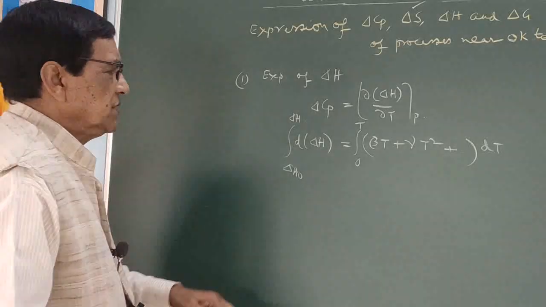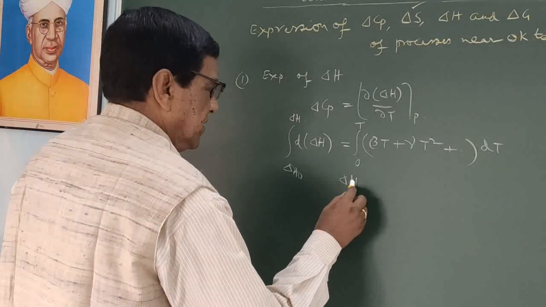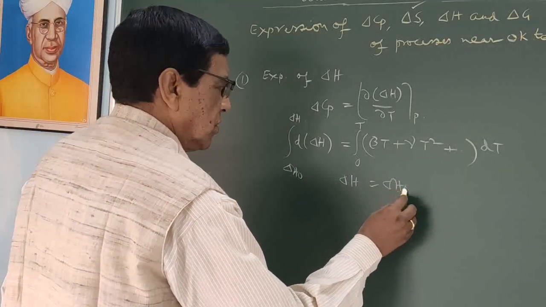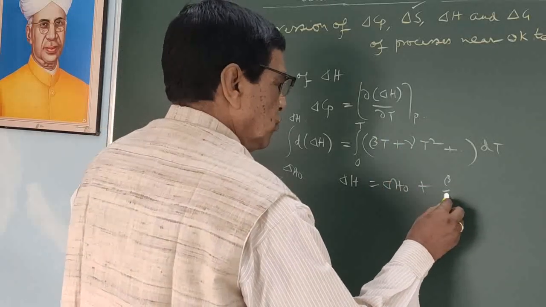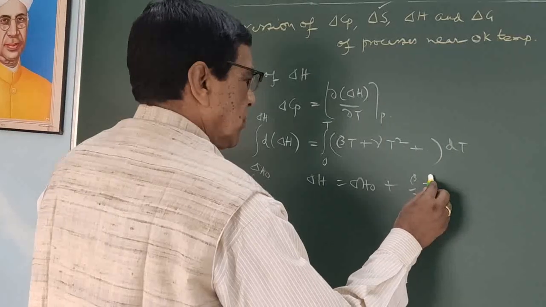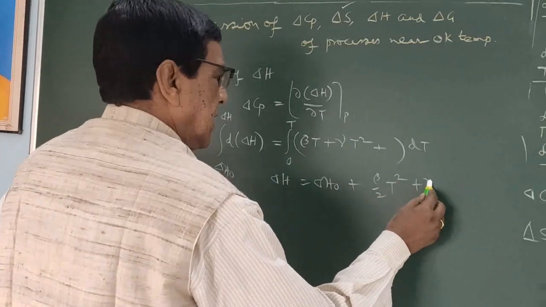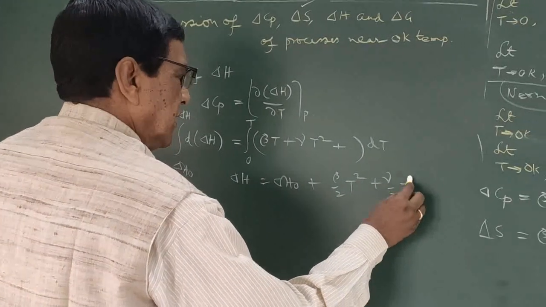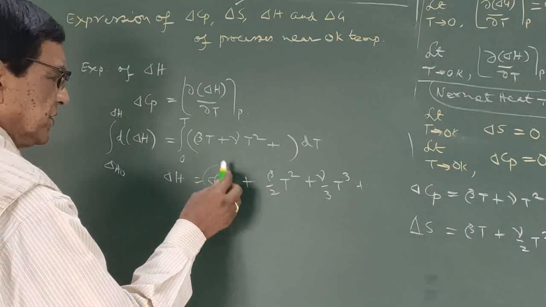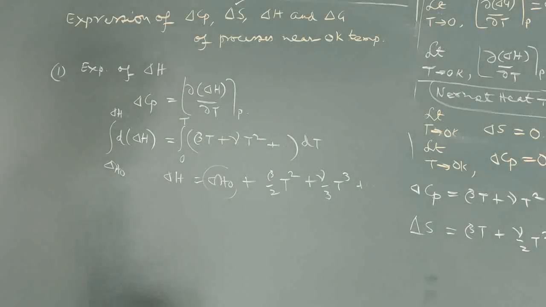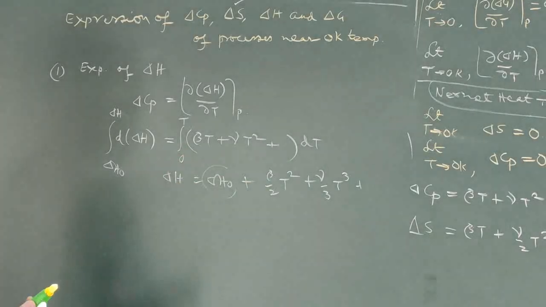So if we do this integration, then del H equal to del H naught plus beta by 2 T square plus gamma by 3 T cube plus dot. And this one is the enthalpy change or the heat of reaction at constant pressure at absolute 0 temperature.